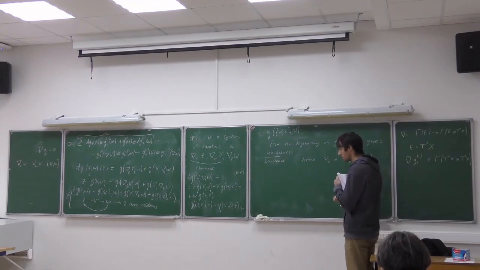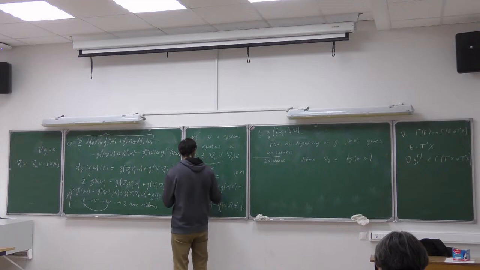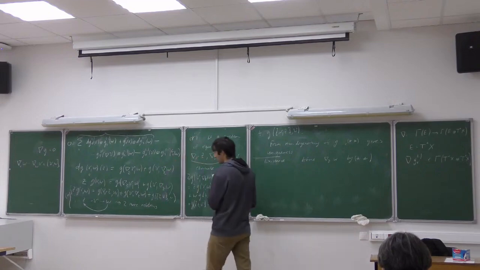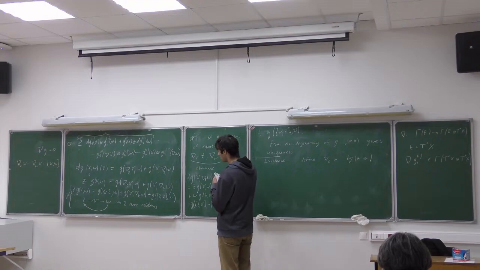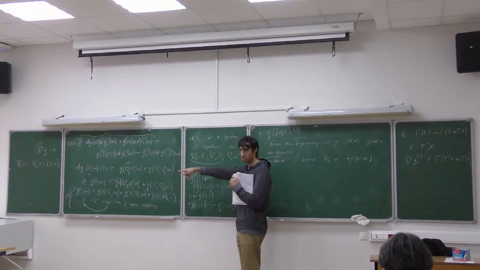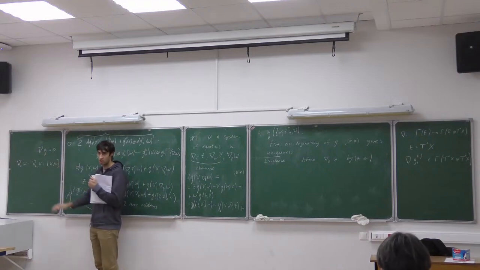We need to check a bunch of things. Well, for example, that it's a connection. Also, we need to check that it is torsion-free, and then we can go back, reverse all these computations and get these two conditions.